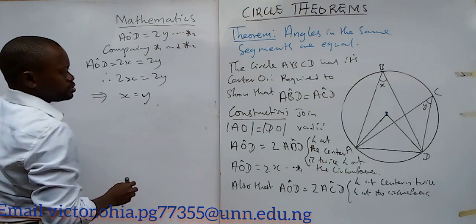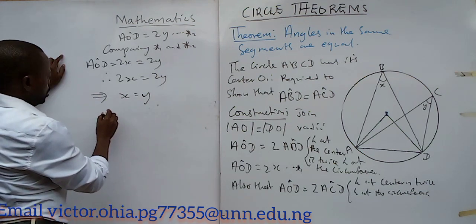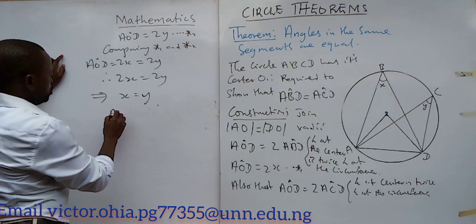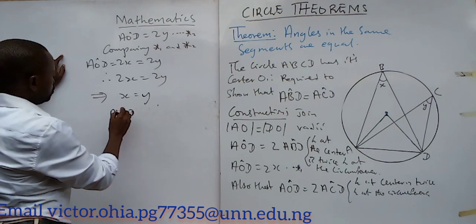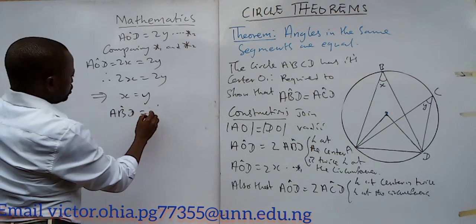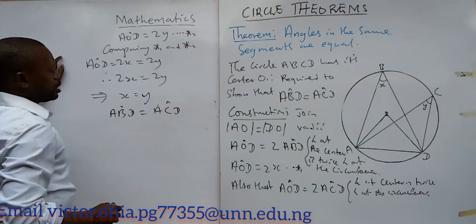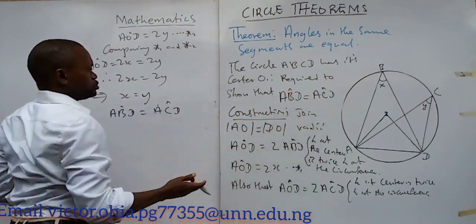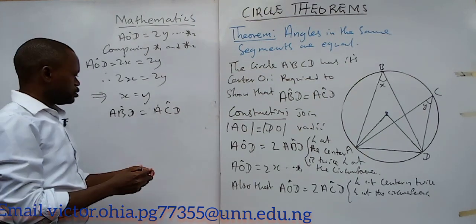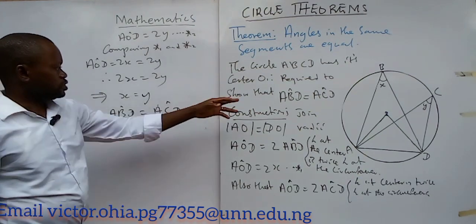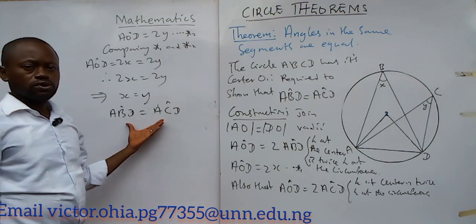And what is x? x is ABD, and what is y? y is ACD, as we were able to show here. We started with that and we were able to conclude with that.